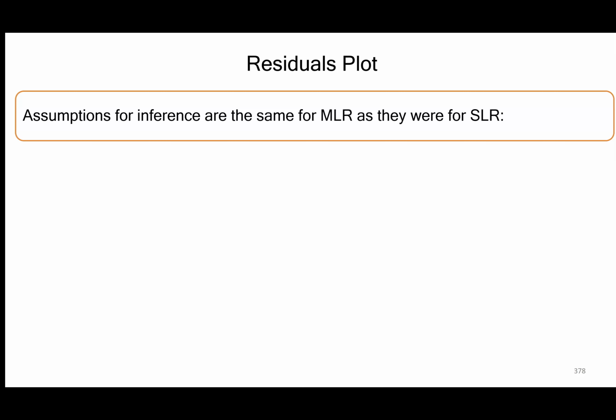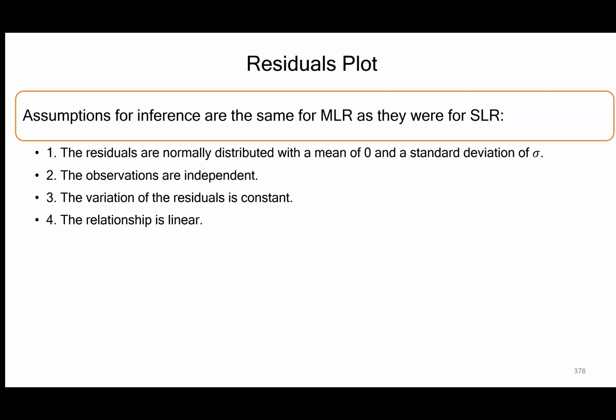We needed to fit a curve. If you have fanning out or funneling in the residual plot, that tells me this line's not consistently good. We don't have constant variance or constant spread. It means the line's better in some places than in others, and we don't like that. Those are the key things you look for in a residual plot.